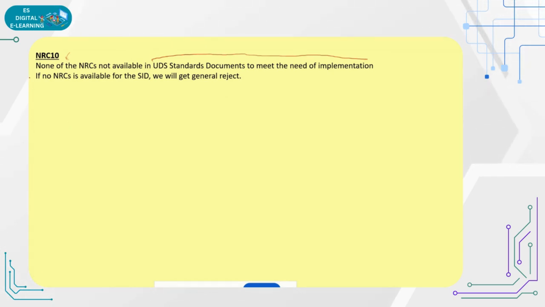Next, if no NRC is available for the service ID, we'll get a general reject.